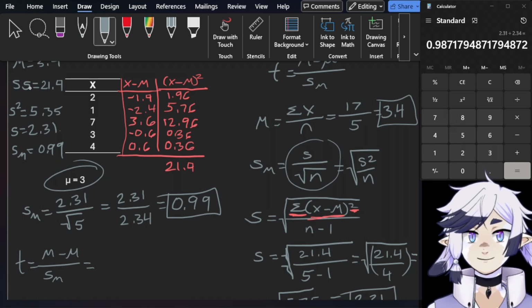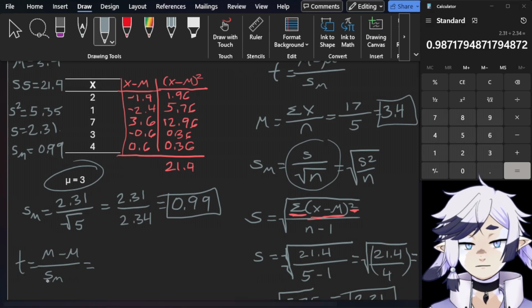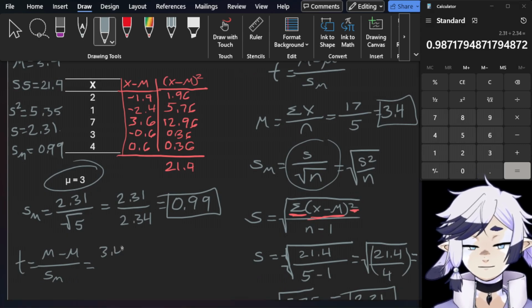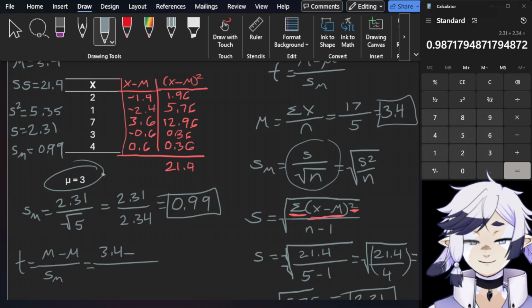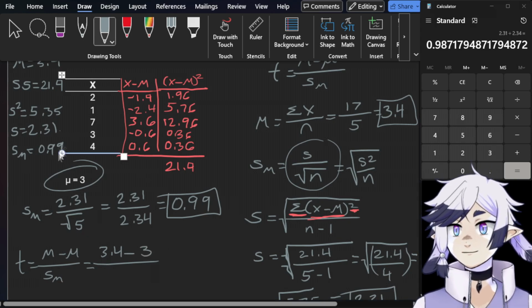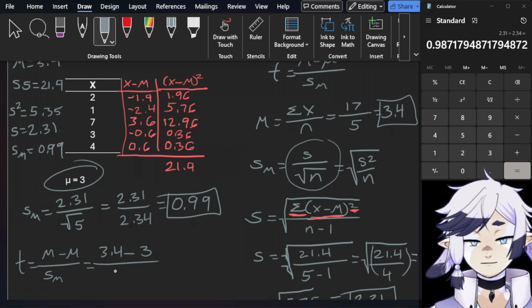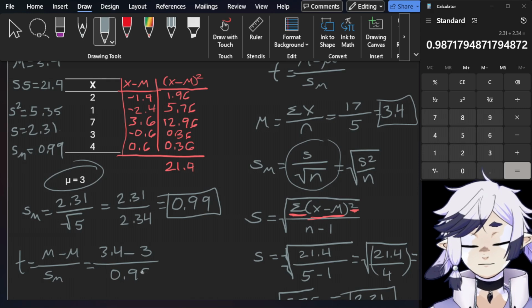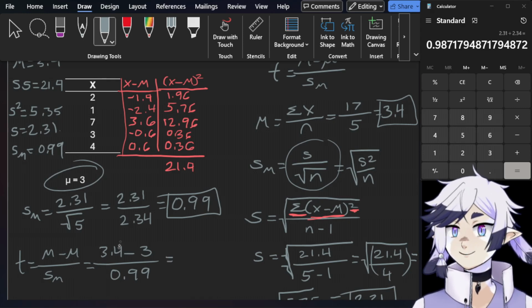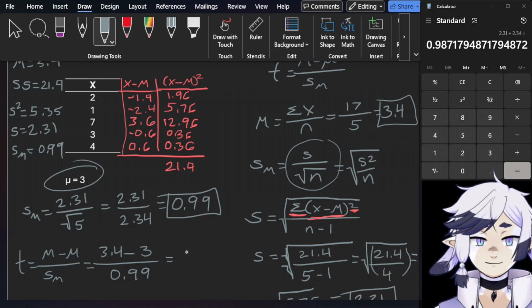Our sample mean is 3.4, minus the population mean, which is 3, divided by the standard error, which we calculated as 0.99. So first I'm going to do 3.4 minus 3, which is going to be 0.4.